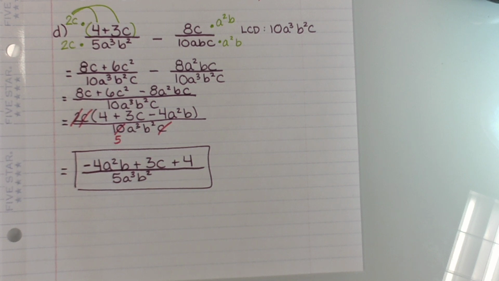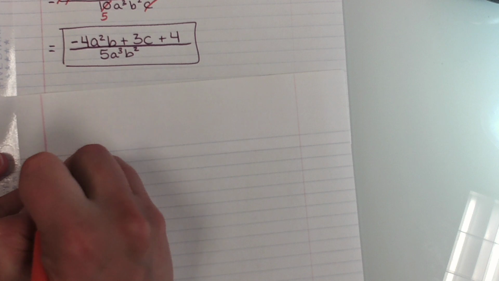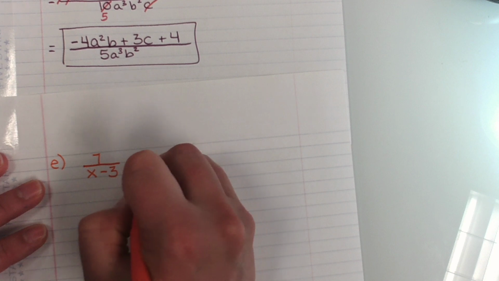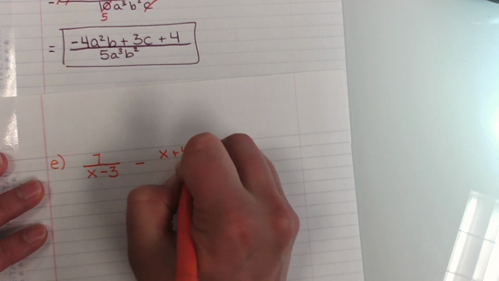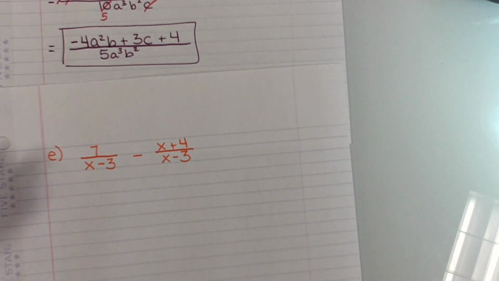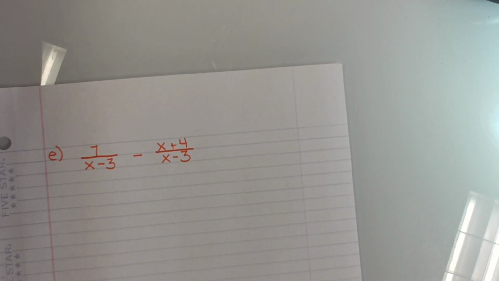I've got 2 more examples that show some of the biggest mistakes, and then we're done. Because one of the things you probably noticed is so far none of our denominators have had addition or subtraction.